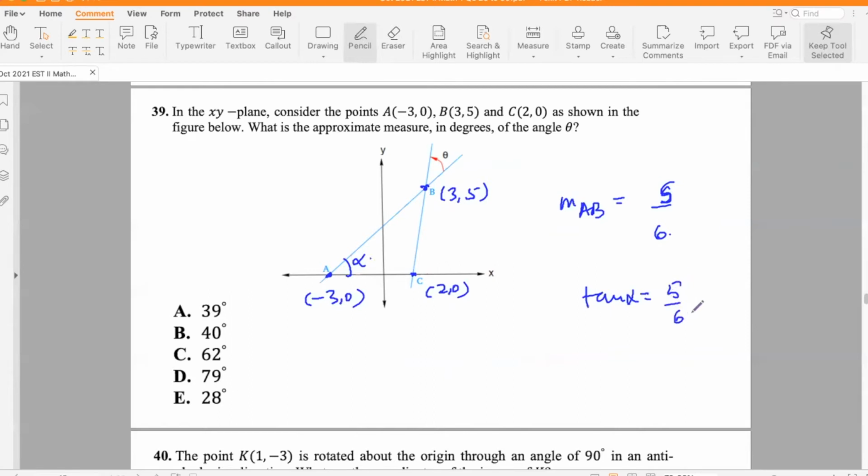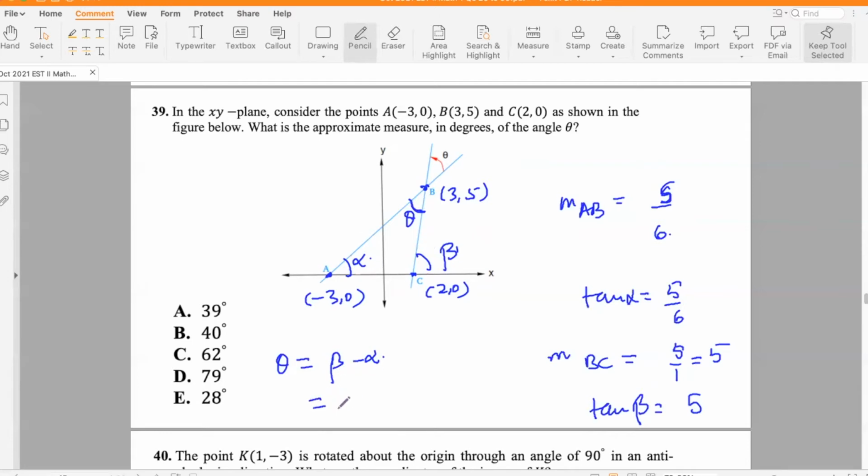Okay. And what is the slope of BC? That's 5 by 1, so that's 5. So if this angle is beta, then tan beta is going to be 5. So this angle, which is the same as theta, theta will be beta minus alpha because beta is the external angle for this triangle.